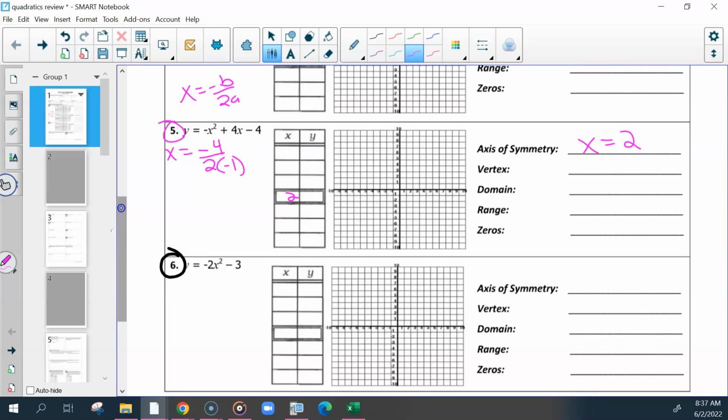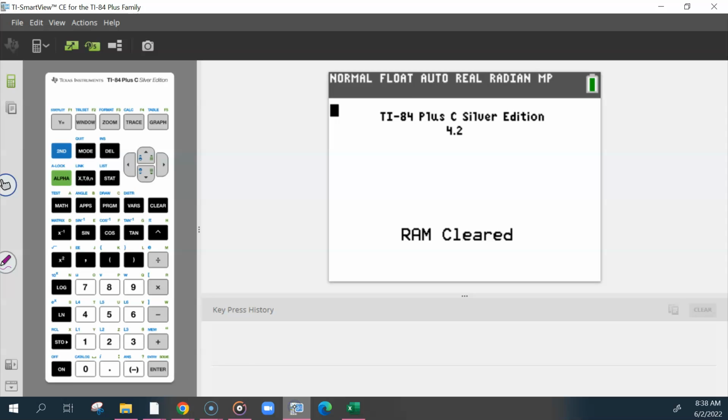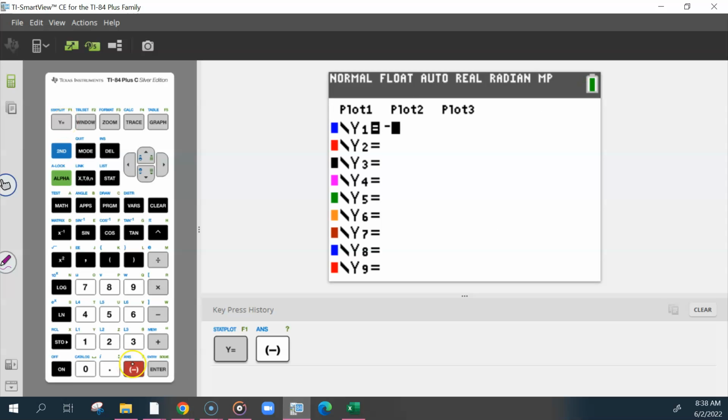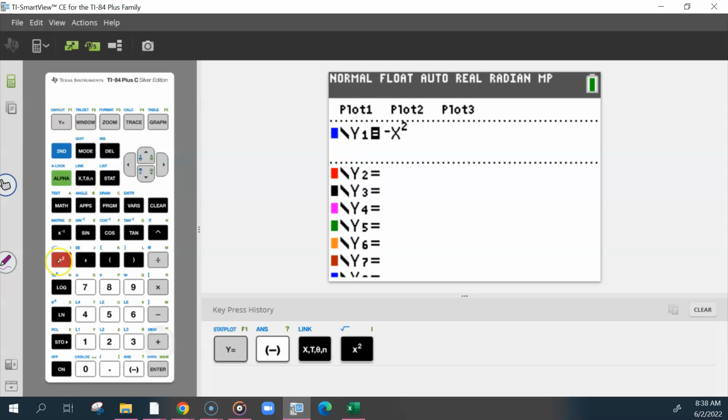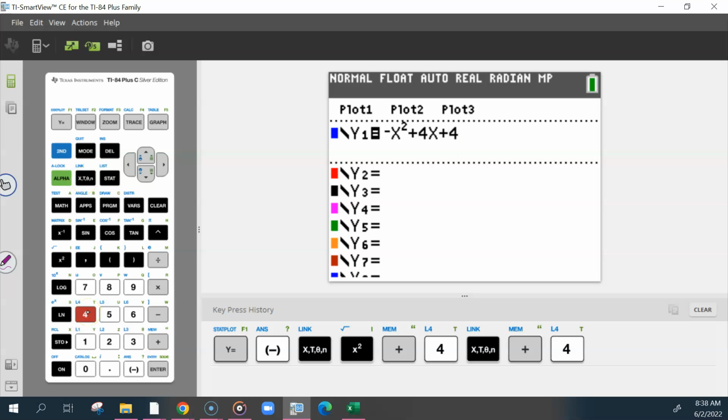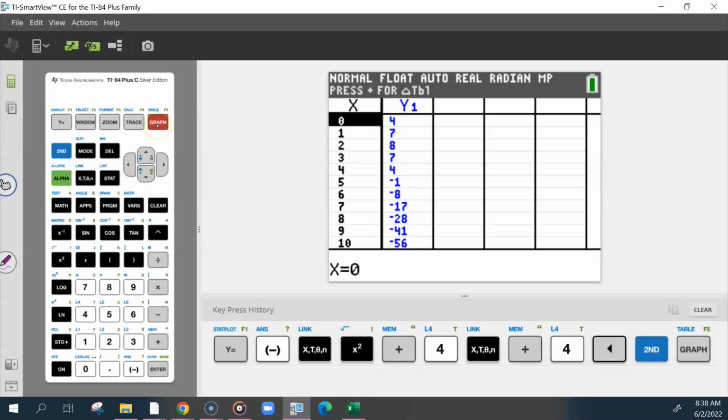And then you would have to show that you put 2 in, but you don't actually have to solve this algebraically. You have to show me that. And then you would put this into y equals negative x squared plus 4x minus 4, and go into your table.